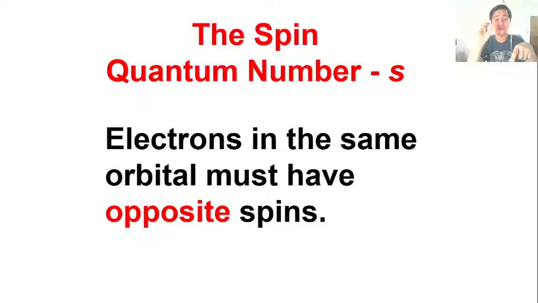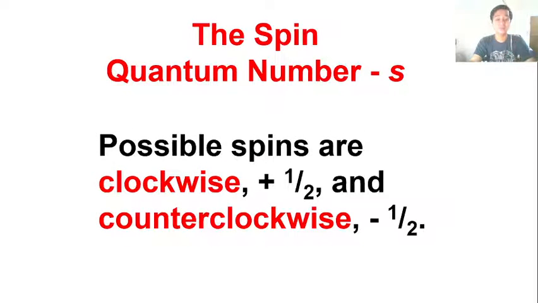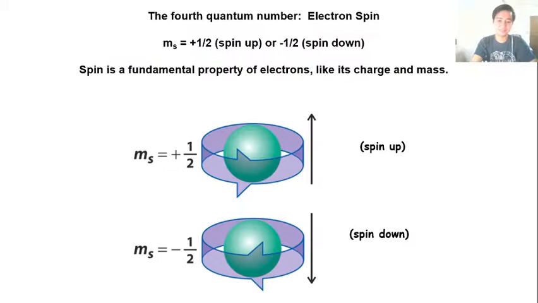So if one orbital can hold 2 electrons only, then no 2 electrons would have the same spin. They would always have an opposite spin. If the value of m sub s is 1/2, the possible spin of the electron is in a clockwise direction. But if the value of m sub s is -1/2, it could possibly move in a counterclockwise or anti-clockwise direction.